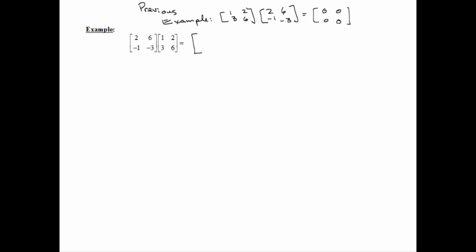Row 1, column 1 is going to give me 2 times 1 plus 6 times 3, which is 18 plus 2, which is 20. Row 1, column 2 is going to give me 2 times 2 plus 6 times 6, which is 36 plus 4, which is 40.